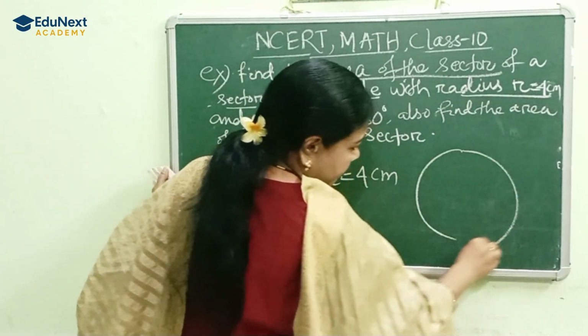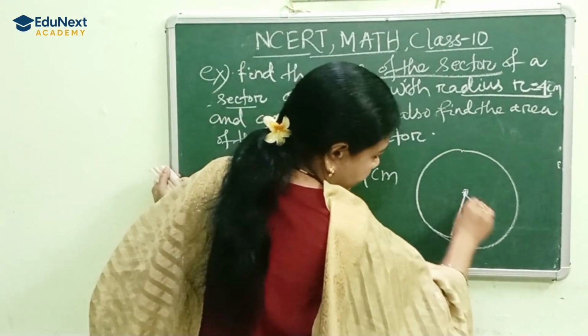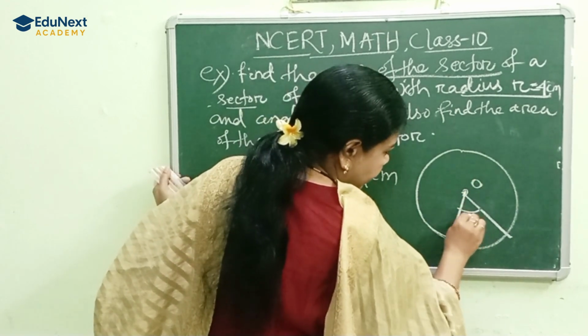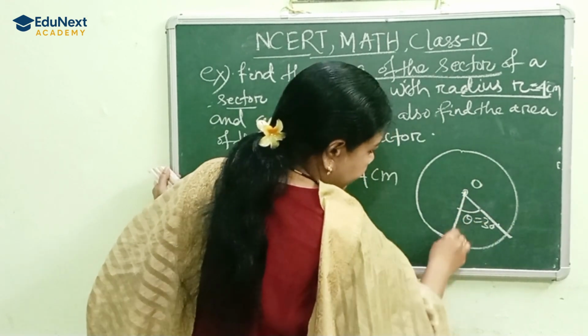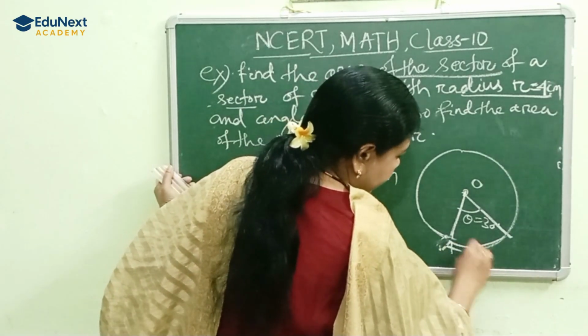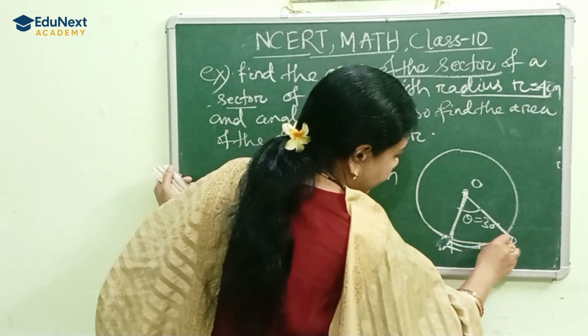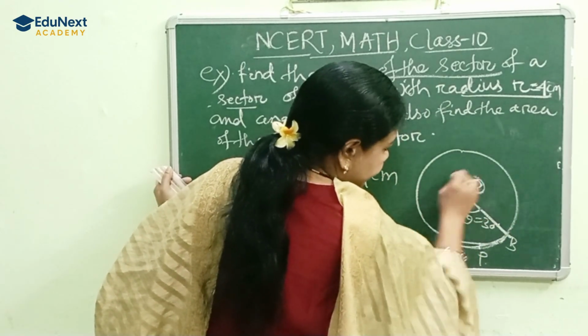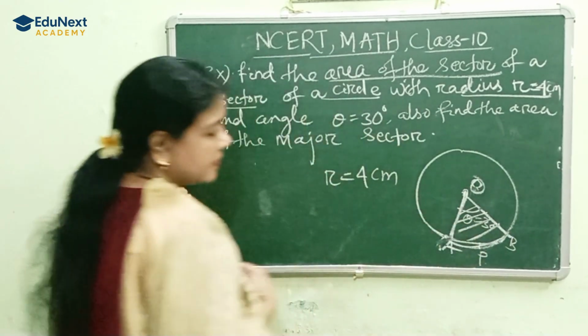That means if I make a circle here, center O, having theta equal to 30 degree, OAPB is the sector.